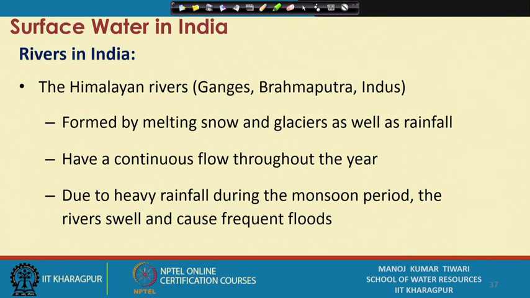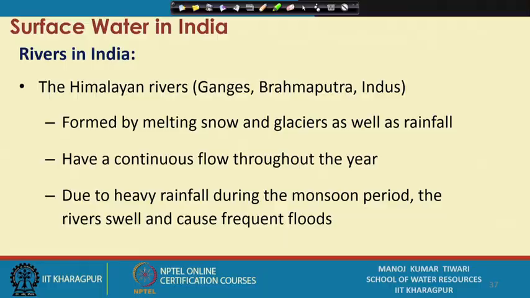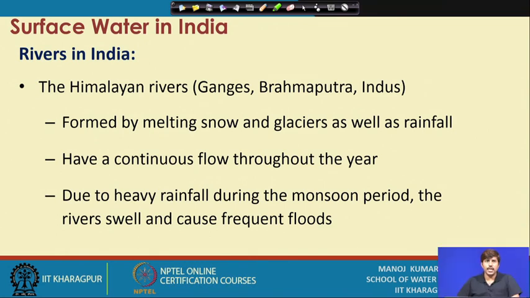They generally do not get dry, because these are large rivers and they already have a source of water in the form of glaciers and ice cap melts. Moreover, since they arise from the Himalayan or hilly region, the rain in these large catchment basins generates excessive runoff because of the very high slope.